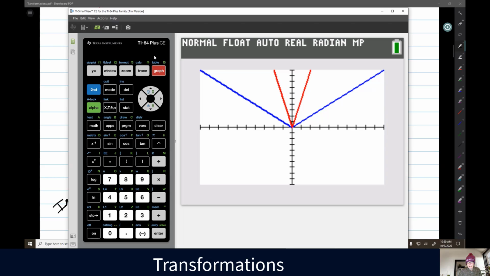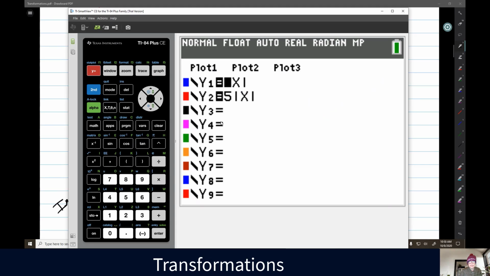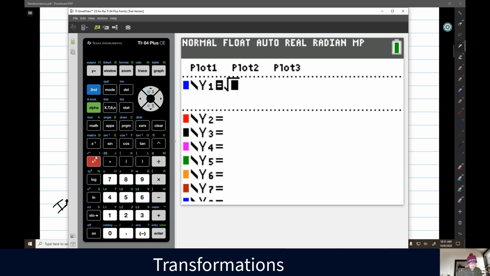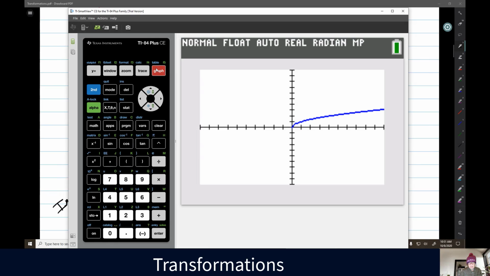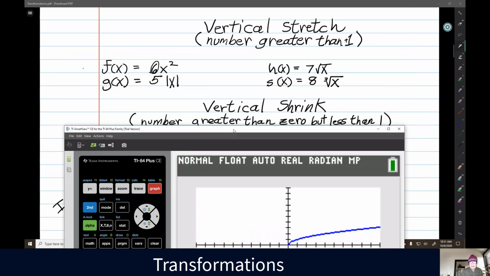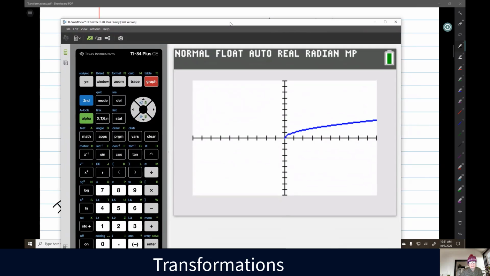Okay, and let's look at what the others look like because they're interesting. They don't look like this. Not even a little. All right, here's the square root of x. Now, I'm going to stretch it, not move it physically, but stretch it up by a factor of 7.